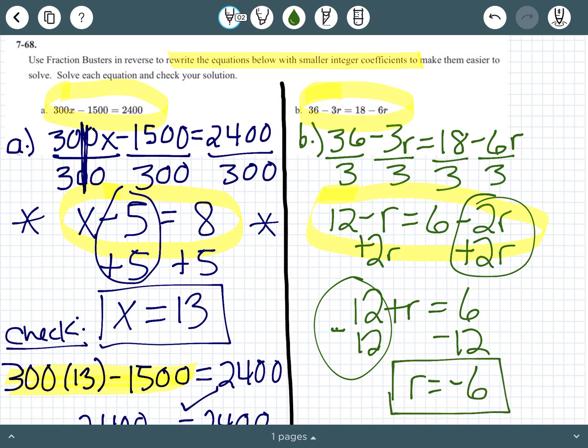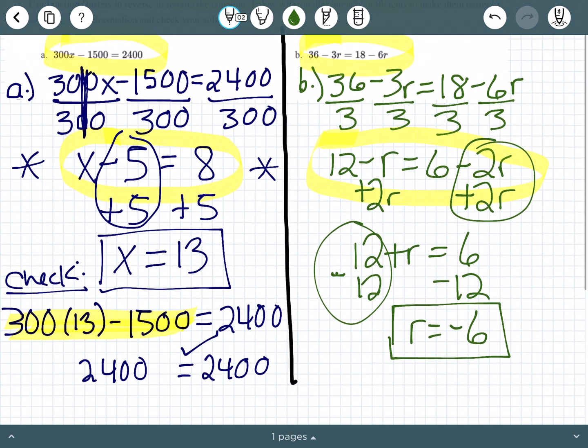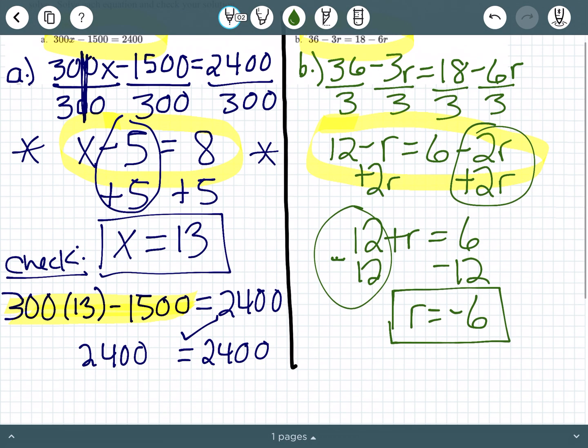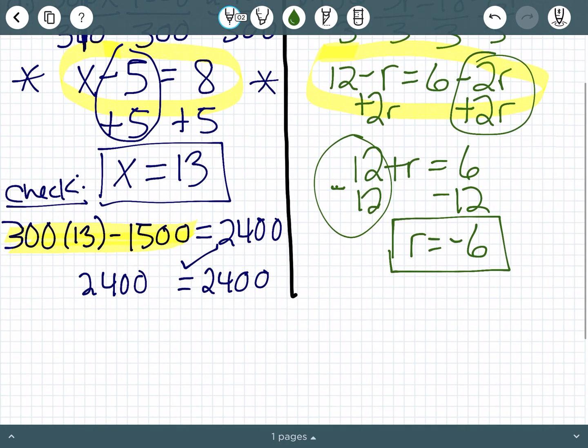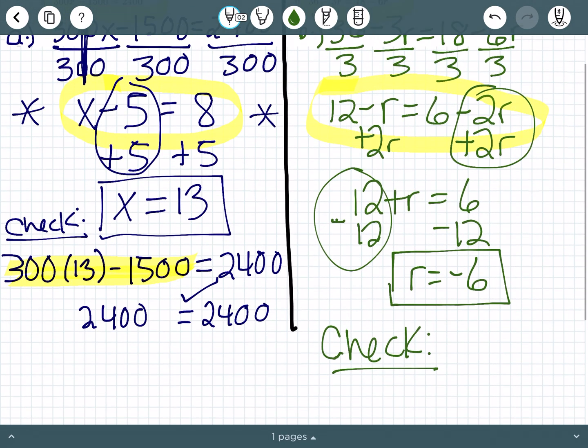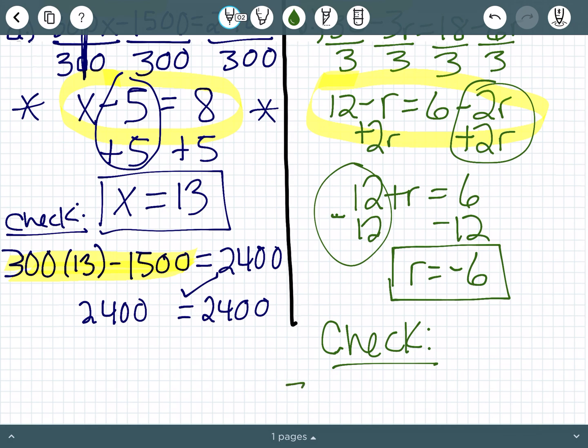All right, one more step in this problem, and that is to check our answer. Now, even though we came up with a nicer equivalent equation, we do need to go back to the original equation for a check. Our original equation was 36 minus 3r.